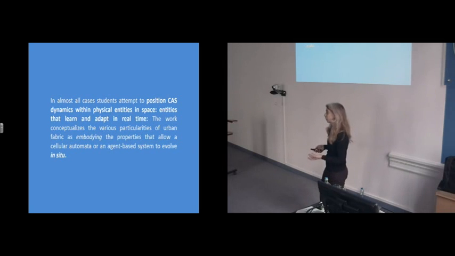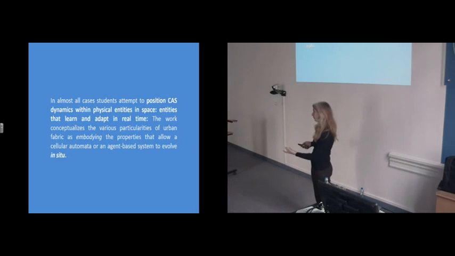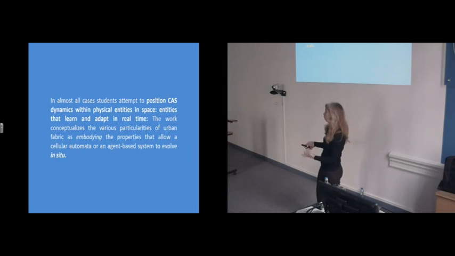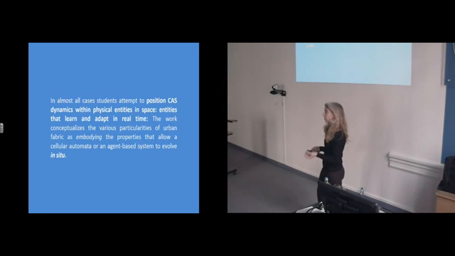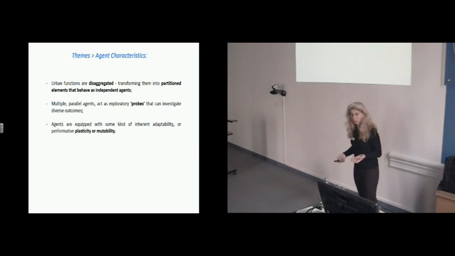But actually trying to think about, are there ways in which you could have processes on the ground that are themselves complex and adaptive? And then you're not looking to have the agents forecasting what they imagine a scenario to be, but you're actually enacting a scenario in real time, in situ.